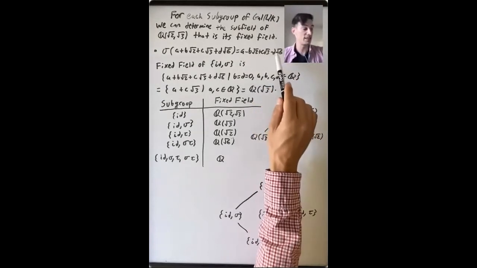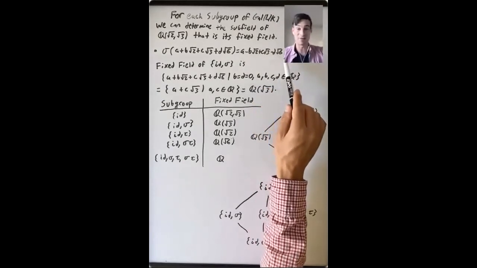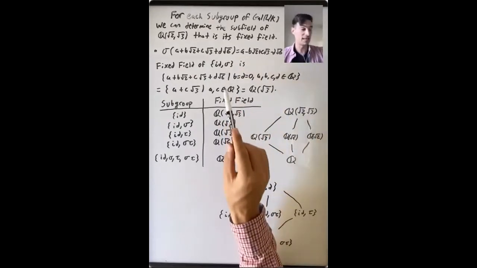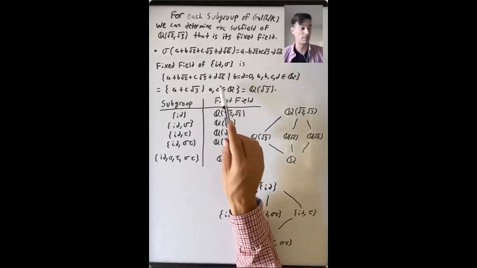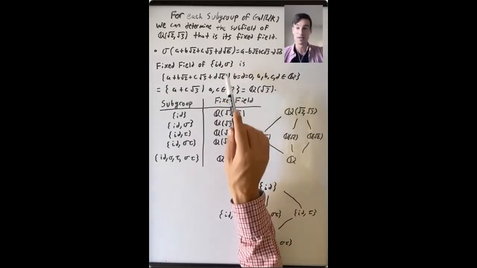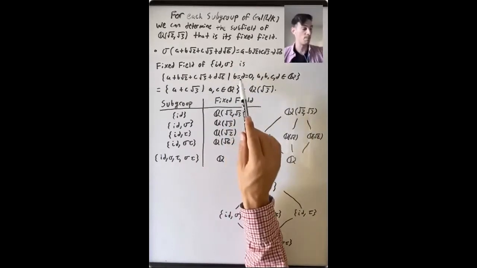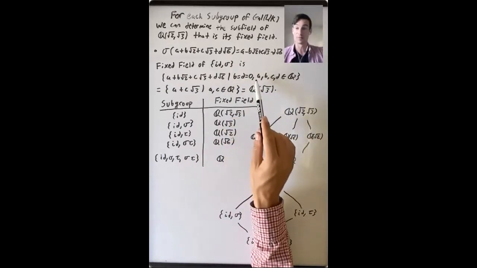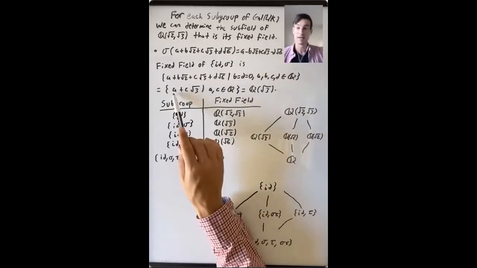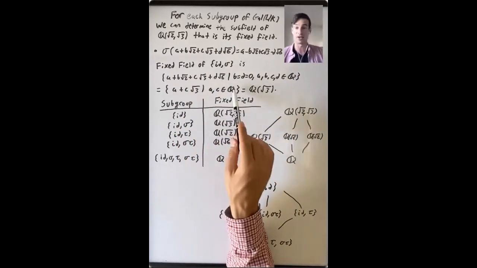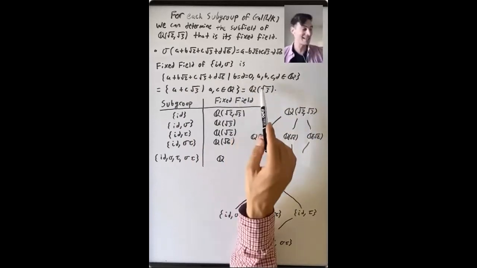If the coefficient d is not 0, this is not fixed. So the fixed field of this subgroup, the set of all elements in L that are fixed by all of the things in this subgroup, consists of all of the elements of L where b and d are 0. So what do those look like? That's all the elements of the form a plus c root 3, where a and c are rational numbers. And this is Q adjoin square root of 3.